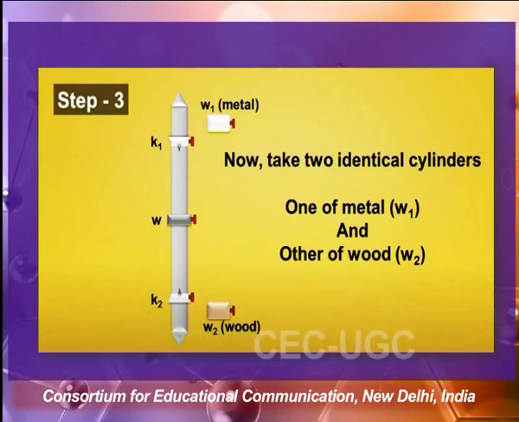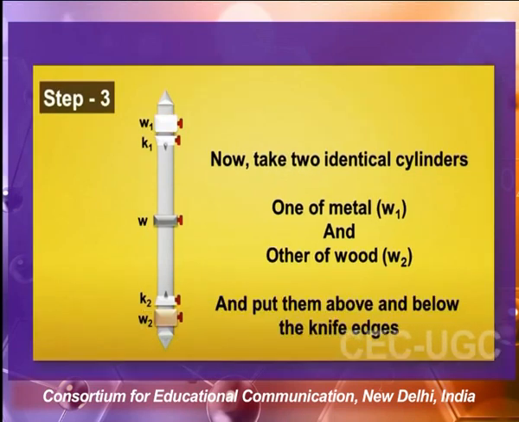Now take 2 identical cylinders, one of metal whose mass is W1 and the other of wood whose mass is W2, and put them above and below the knife edges.